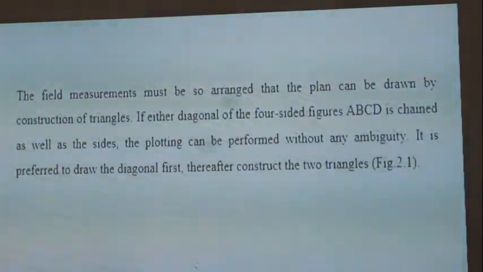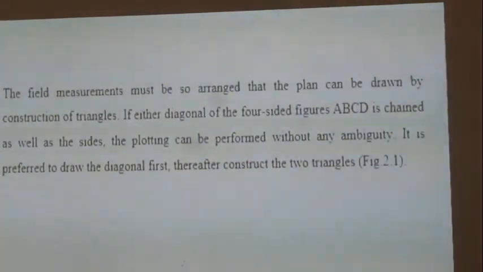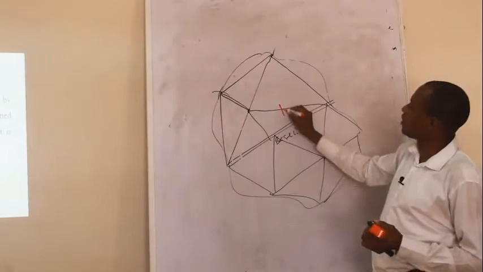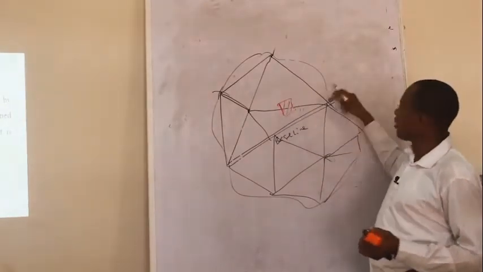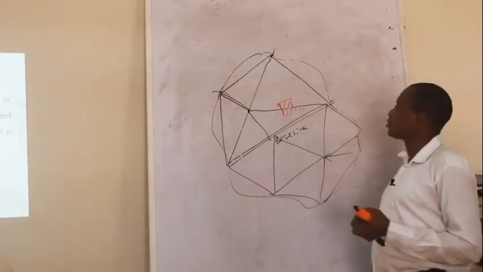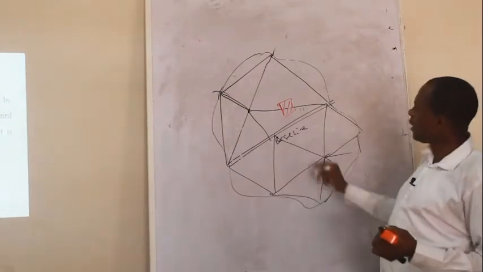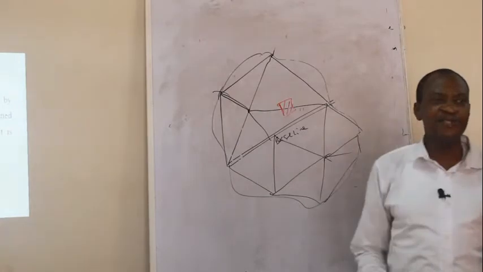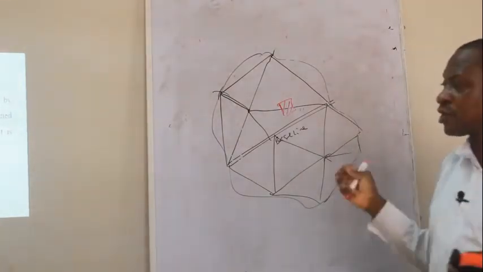What is important in this situation is that your work must be arranged, because this method has its own constraints. Assuming you have divided into a series of triangles, and you encounter a building here, this measurement will not be possible. And when you have too many details, it will not allow you to really design your triangles.